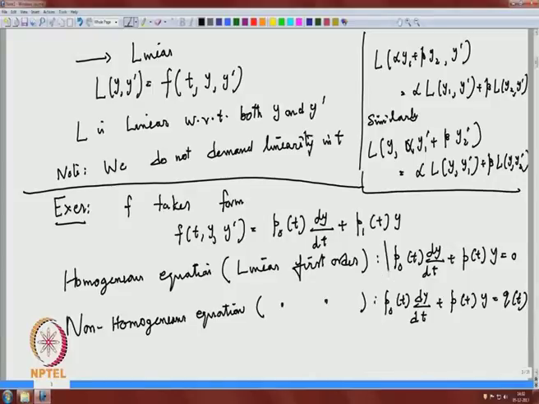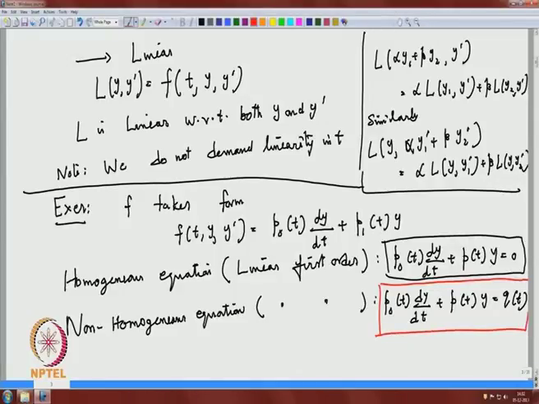So, this is the general first order homogeneous equation, and this one the first order non-homogeneous equation. As you will soon see, we will not be considering it in this generality, because as I said a few minutes back, having such coefficients causes trouble.